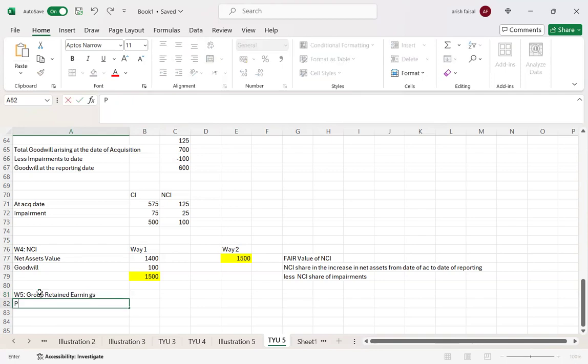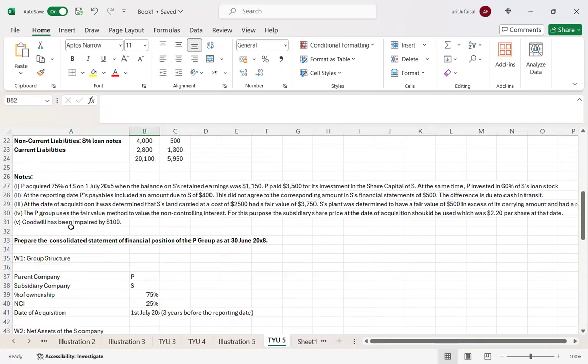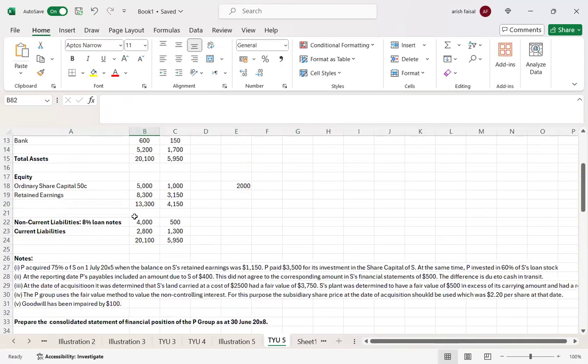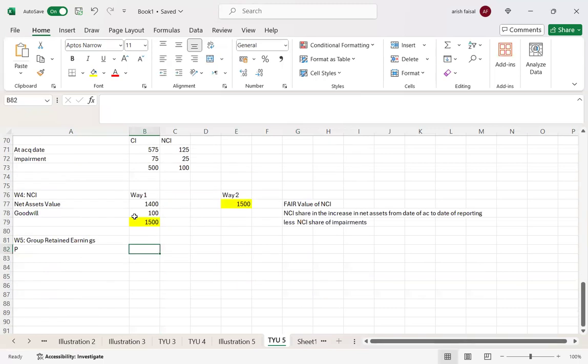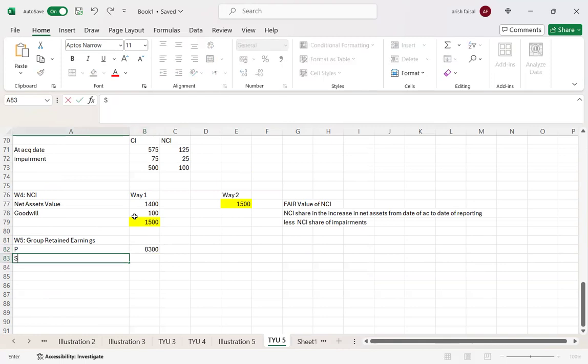For that, you have to take your parent retained earnings, which is a total of around 8,300, simple. But then you have to take your share in the increase in the net assets of the subsidiary company. So, parent's share in increase in net assets.